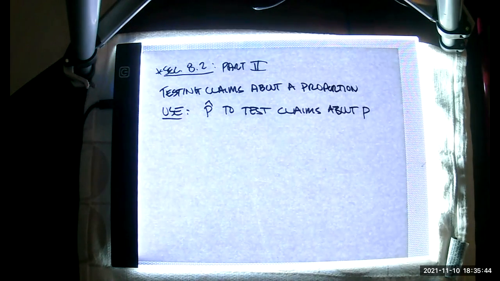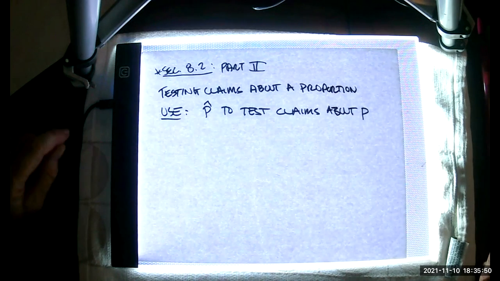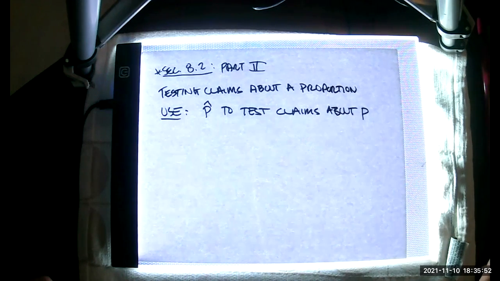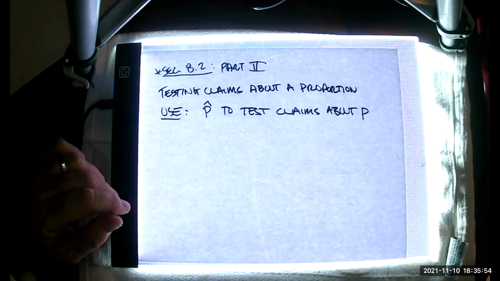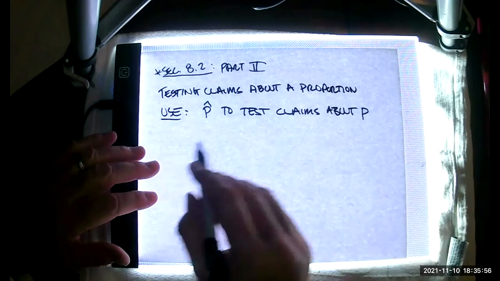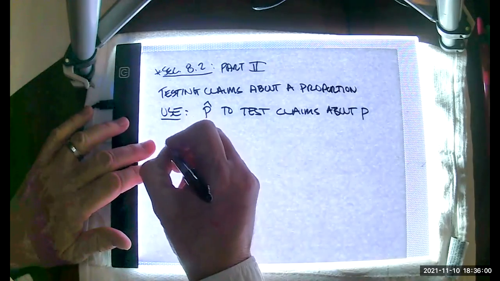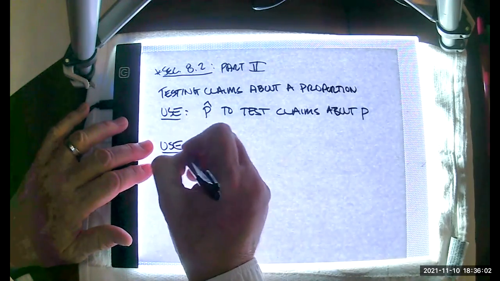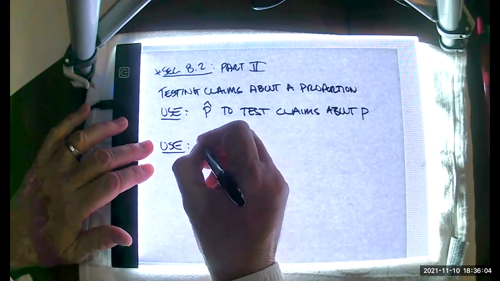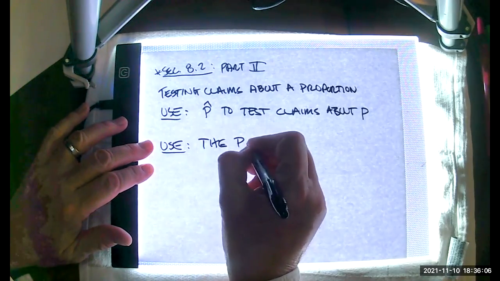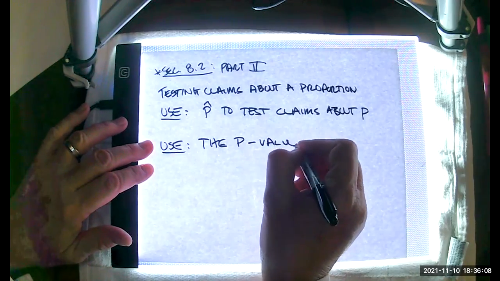These claims can often be stated in the notion of a percentage, but any work we do with our calculator needs to be in a decimal or it doesn't work. So a little bit about this first. What I really want to make sure is people understand that we're going to use exclusively the p-value method.